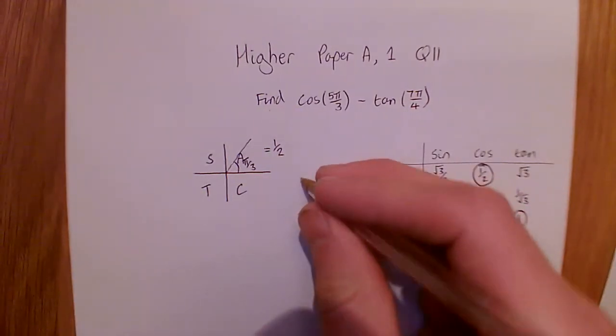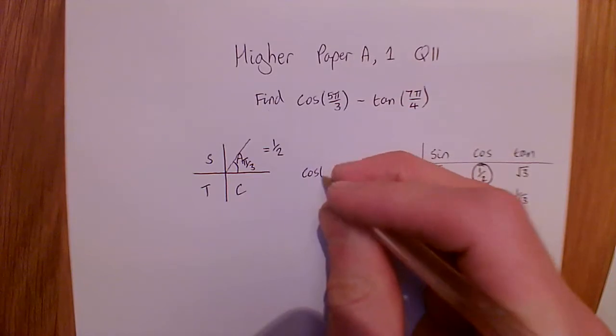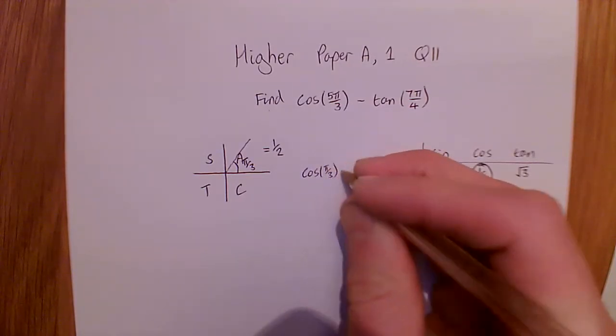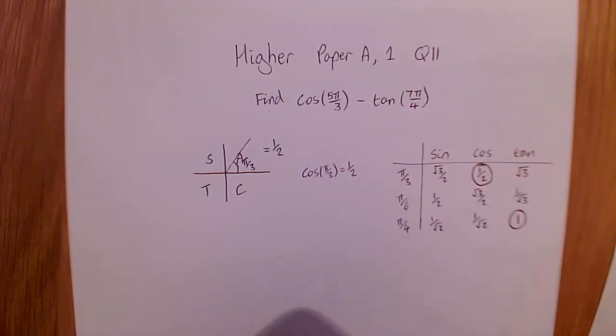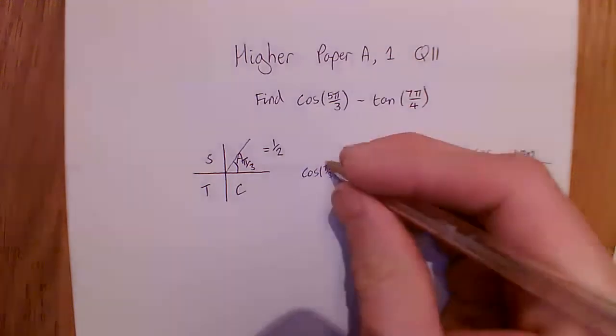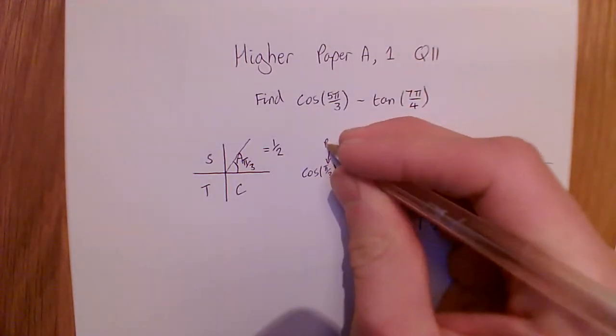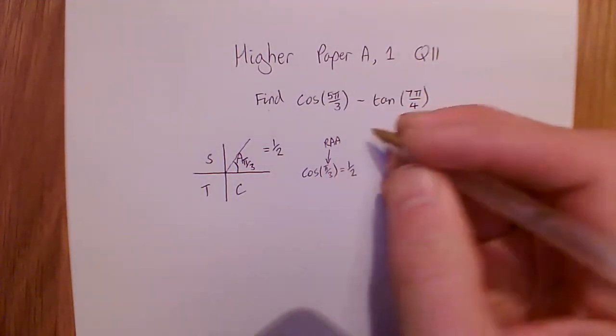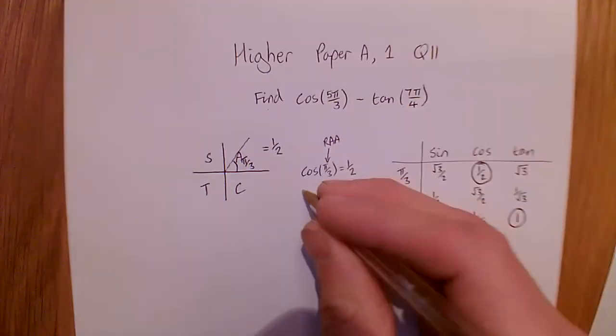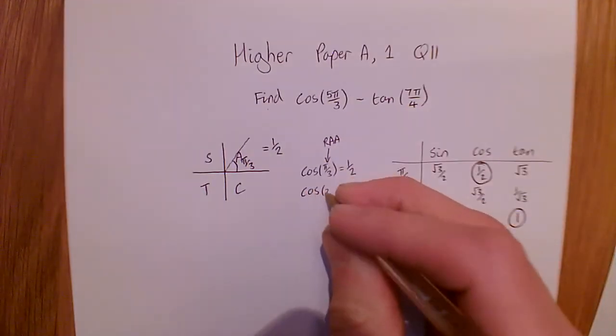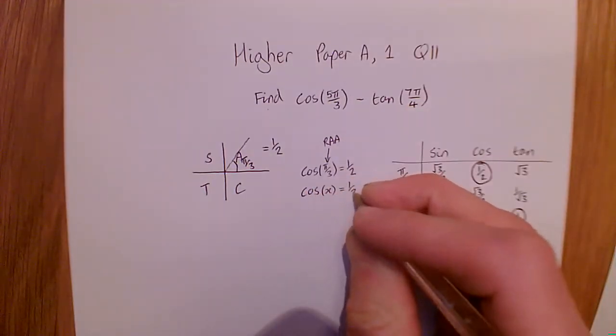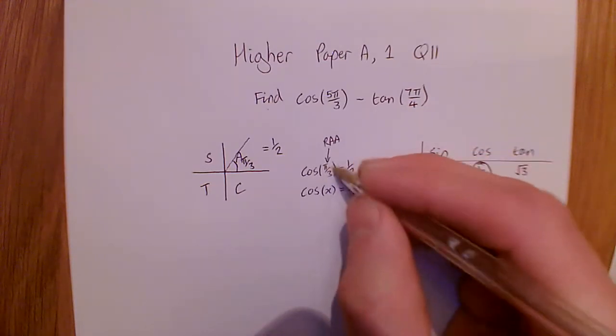The other way that we could write this is cos of pi on 3 equals a half. Now, that means this angle here is like my relative acute angle that solves the equation cos x equals a half. And one of the options is pi on 3.